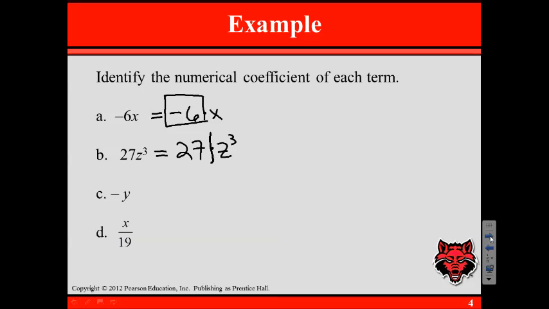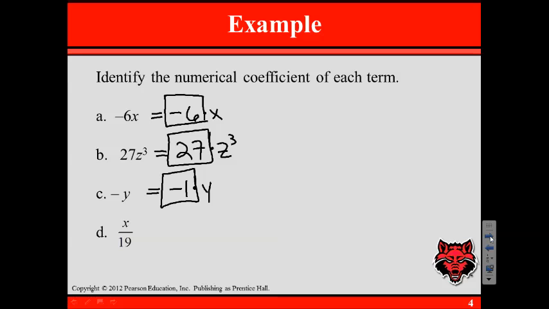So the constant multiplier is 27. That's our numerical coefficient. On example C, we have negative y, which can be rewritten as negative 1 times y. So the constant multiplier is negative 1. That is our coefficient.